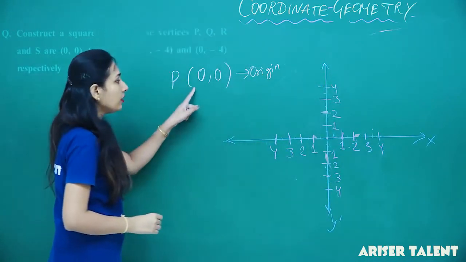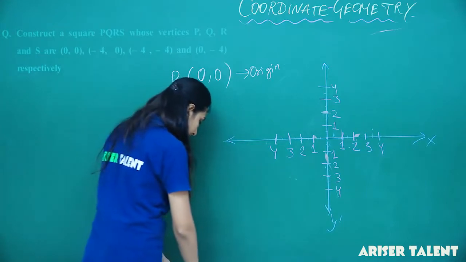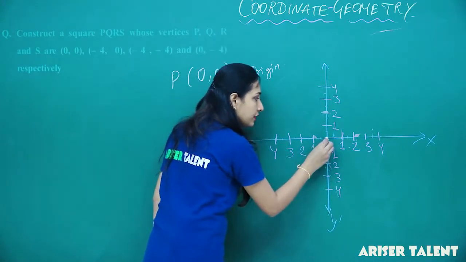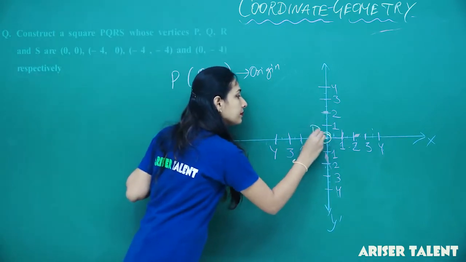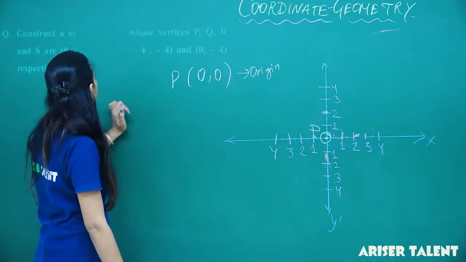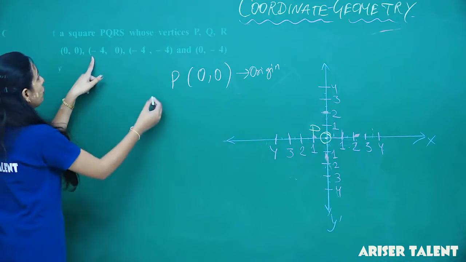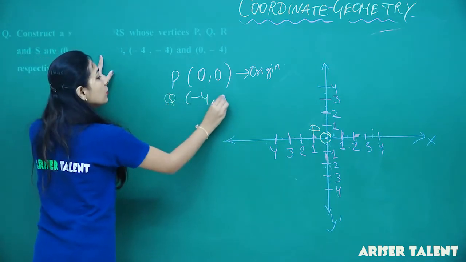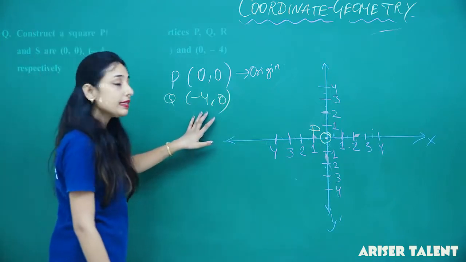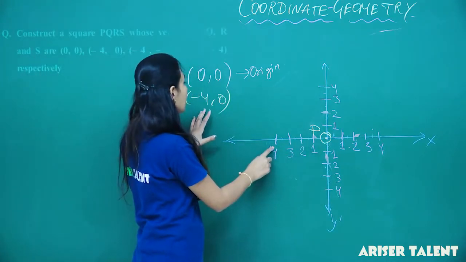So if I talk about 0, 0, now 0, comma 0 is nothing but this origin. So this is the very first point, which is P. Now the second point is Q, -4, comma 0. So -4, that means X is -4 here and 0.